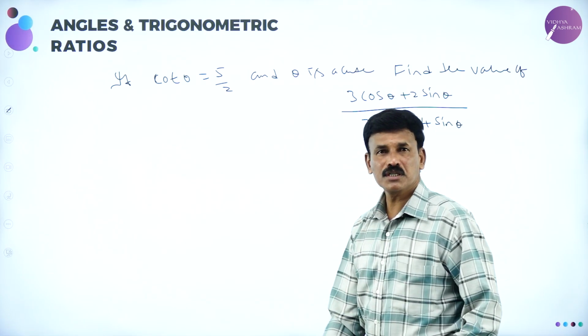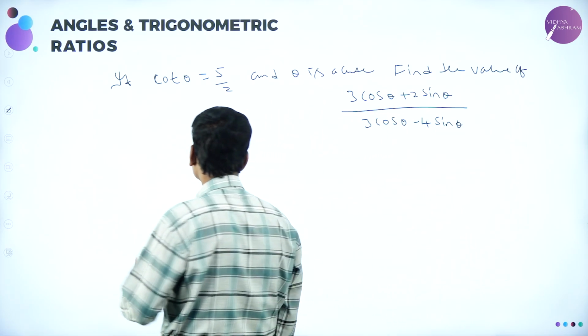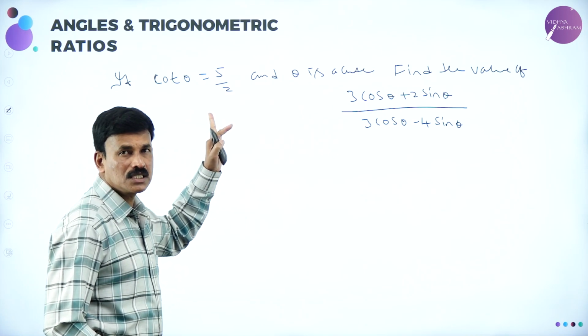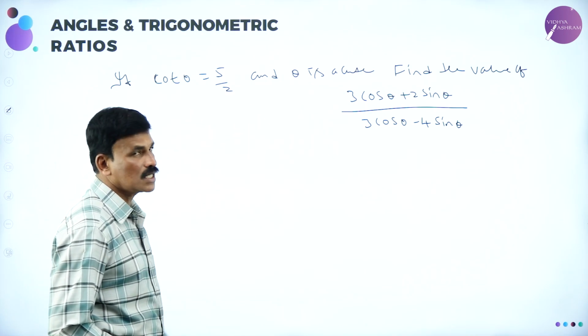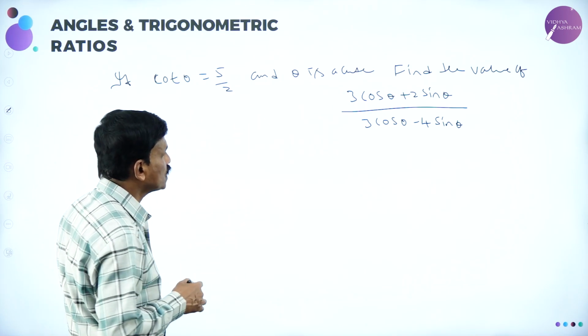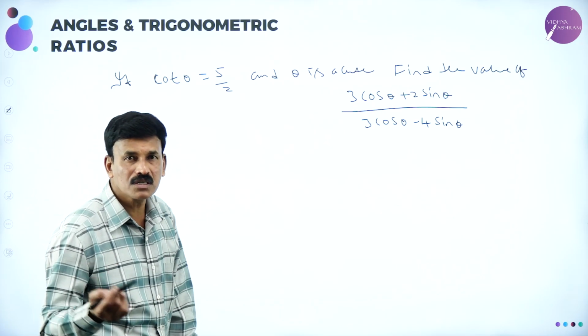This is also an important type of problem. Just find out sin theta and cos theta from what is given and substitute, you will get the answer, that is it.